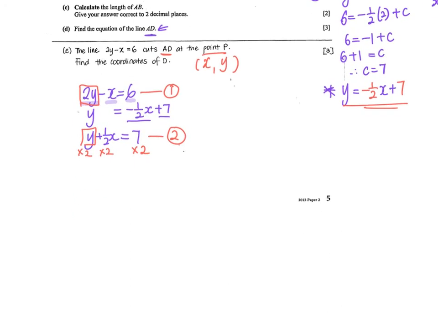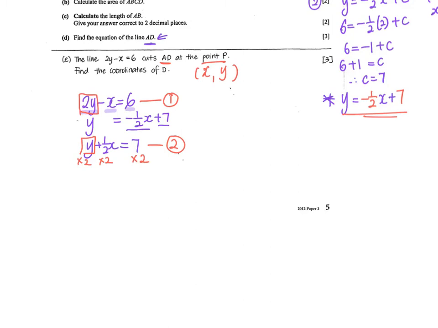Okay, so if that's the case, my equation number 2 now changes to 2y plus half times 2, x will give you x. 7 times 2, 14. That's equation number 2. And compare with our equation number 1, 2y minus x equals to 6.